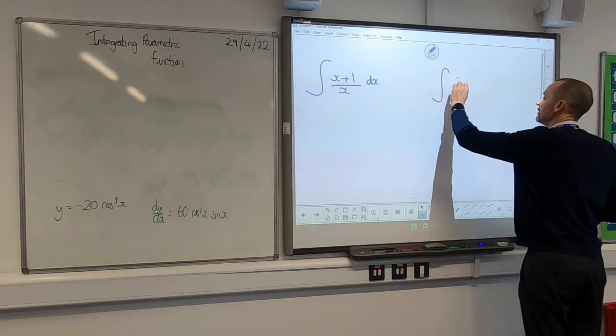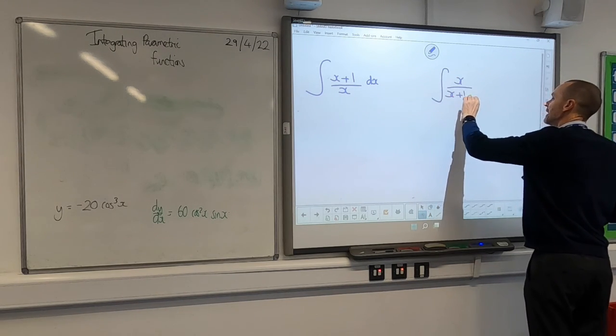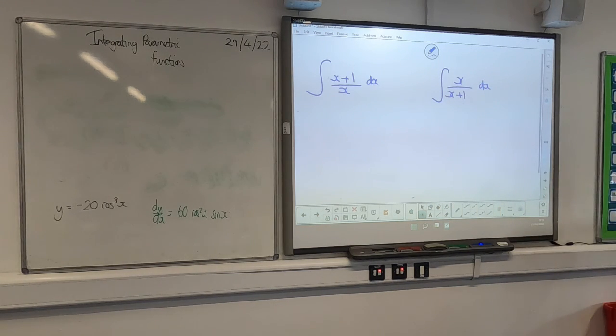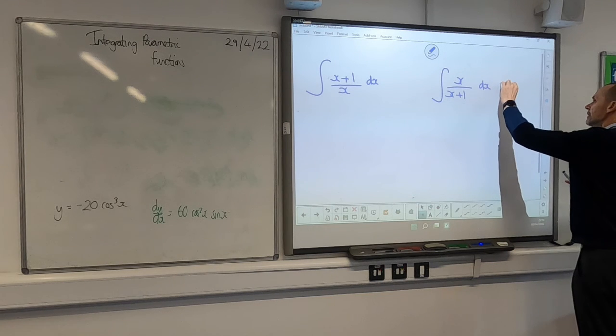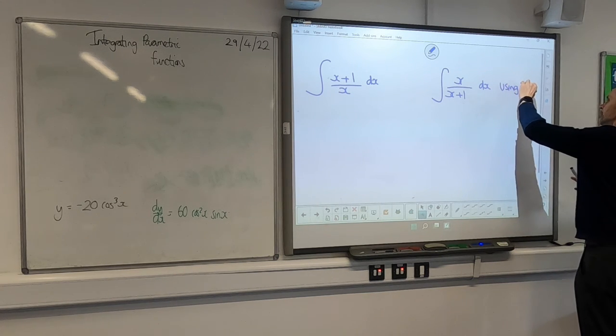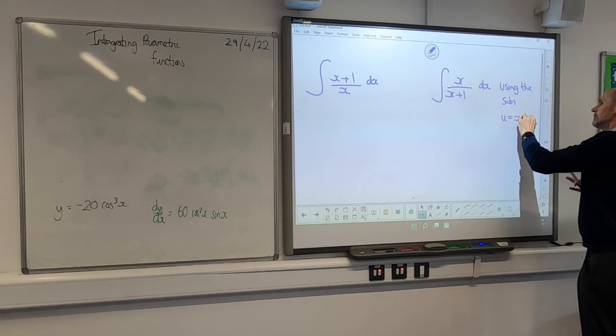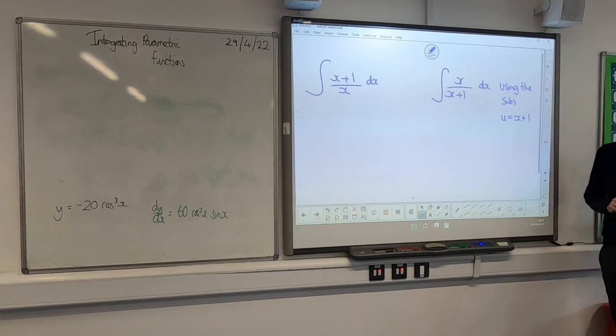I'd then like you to integrate that, and there's a couple of ways we could do that, but I'd like you to use substitution. Okay, so just have a go at those two integrations.